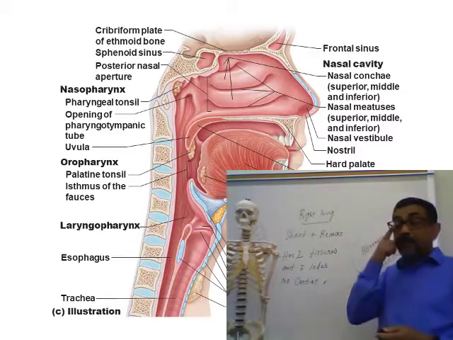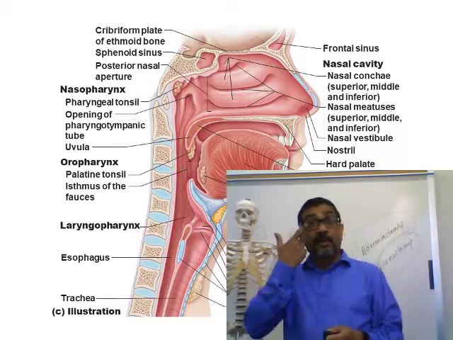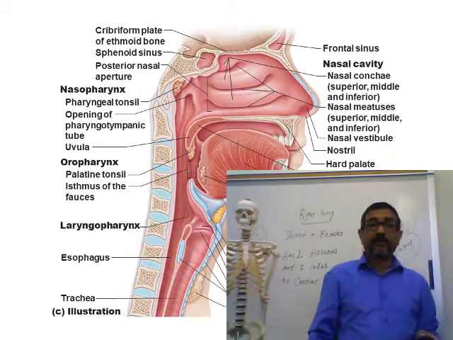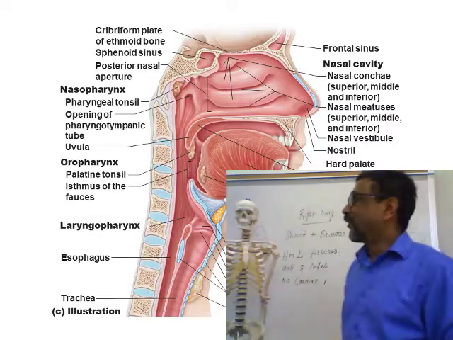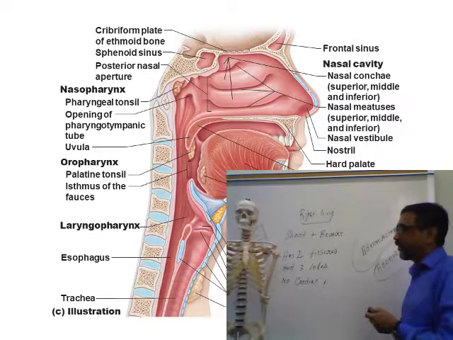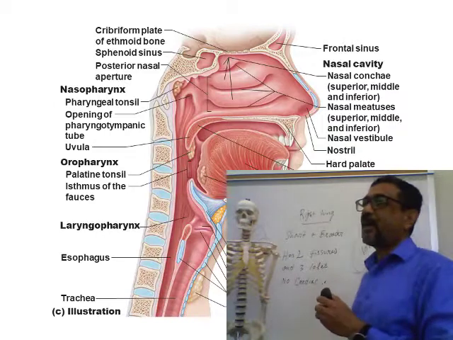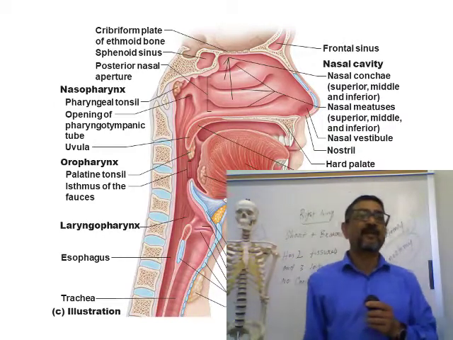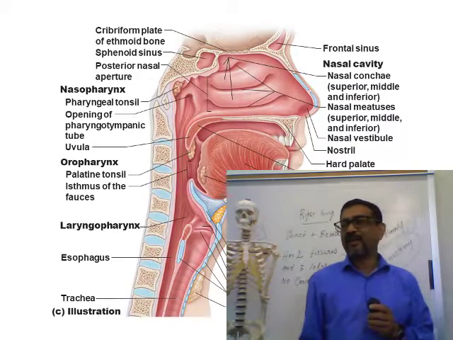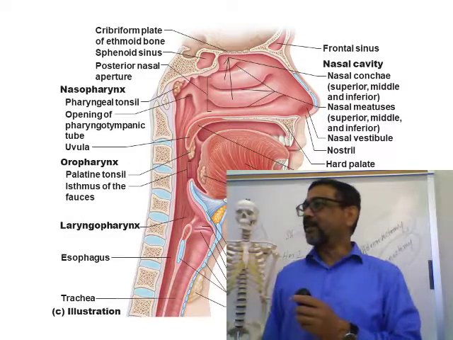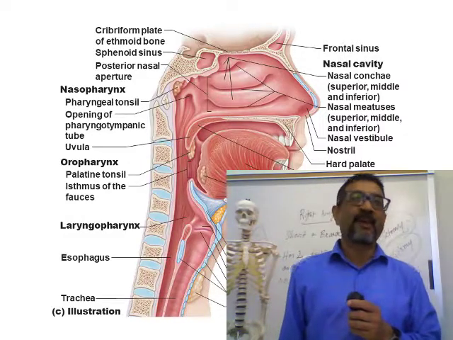Now, what are the cartilages that form the larynx? The largest single cartilage is the thyroid, that is also called Adam's apple in male. This cartilage is larger in adult male than female, right?